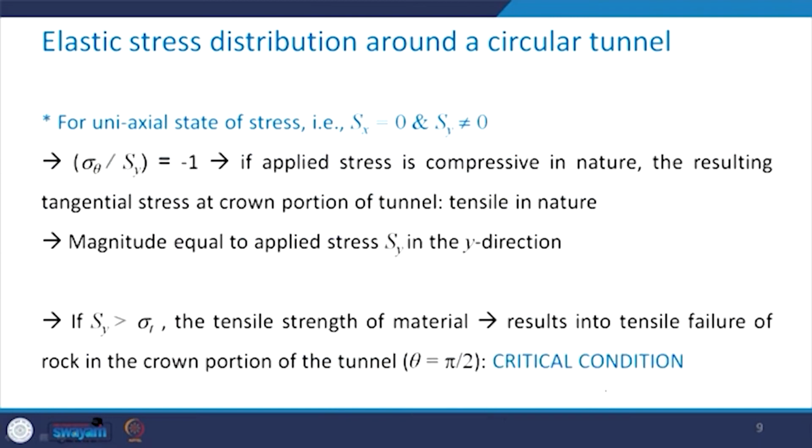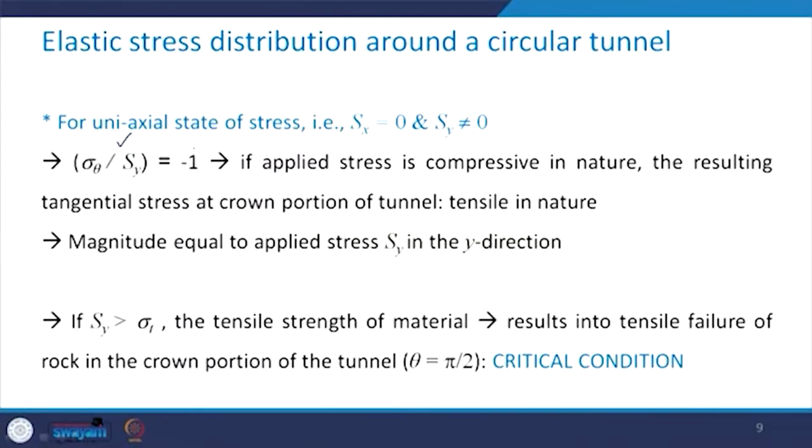So, here I have summarized what we discussed for the uniaxial state of stress, that is when there is no applied stress in the x direction and only in the y direction these stresses are present. In that case, sigma theta upon Sy we have seen that it is minus 1.